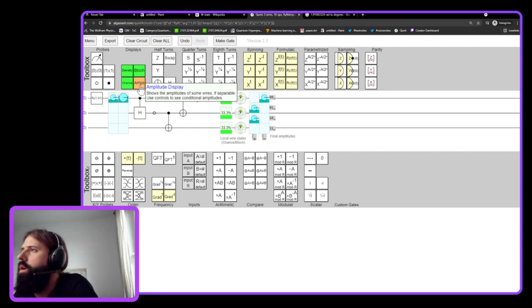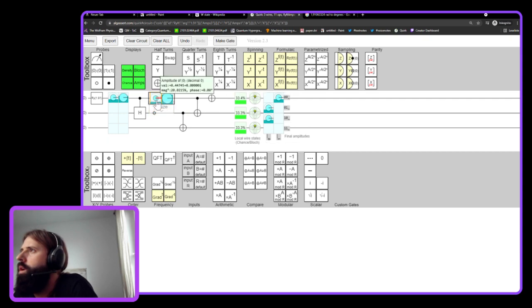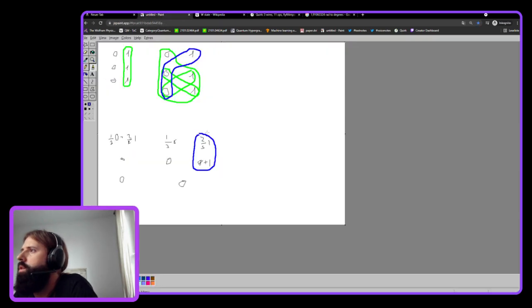No. Okay, so the first weird thing is here. Why is this like that? 80 and 20. If this is the plus state, right? Okay, that's confusing.